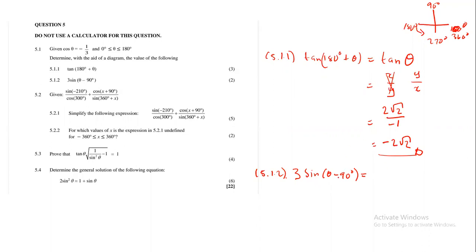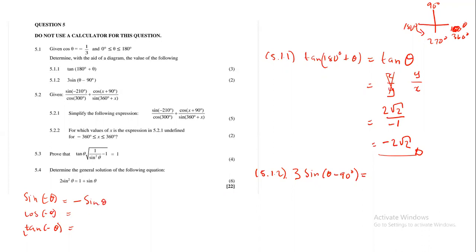So immediately when you do that, you're going to have to take the negative out of the brackets. And again, I would like to emphasize this basic. Remember, when you have sine of a negative angle, when you take the negative sign out of the bracket, it's going to be negative sine of the positive angle.